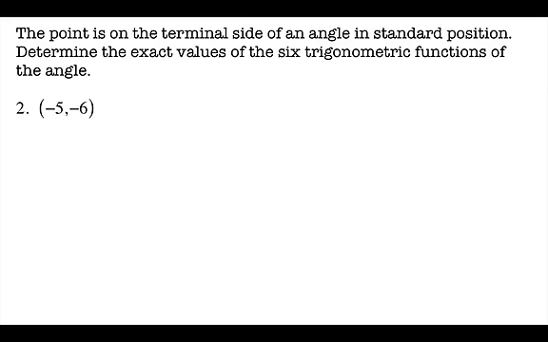The point is on the terminal side of an angle in standard position. Determine the exact values of the 6 trigonometric functions of the angle. So they don't give you a picture here, but you should be able to see that this is in quadrant 3. And r is equal to the square root of 61. So at this point, you apply what you saw on that slide earlier, trigonometric functions of any angle.